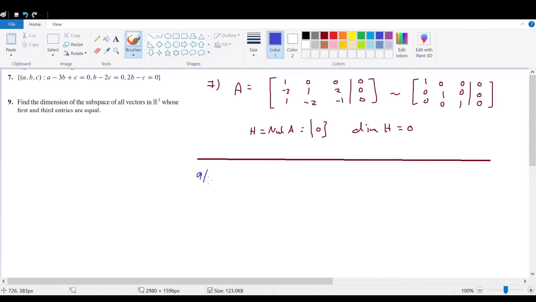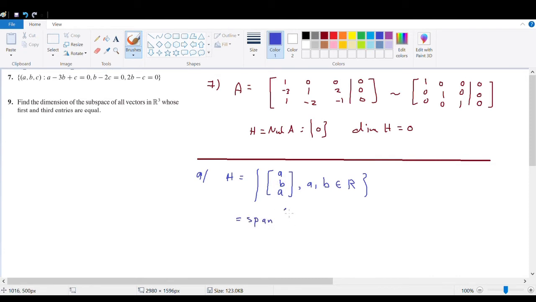So any vector in R3 where the first and third entries are equal can be represented as, if we assume the first entry is A, the second is B. Since the first and the third are the same, this one should be also A, where A, B are in R.